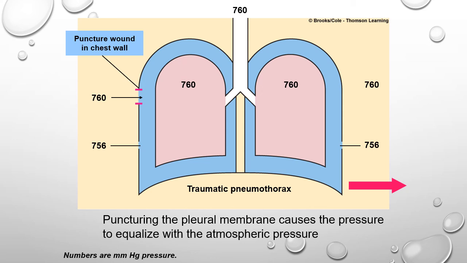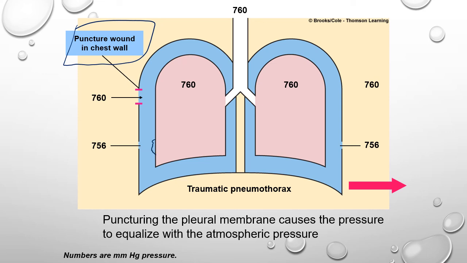If we should somehow cause the pressures to become equalized, typically this is going to come from some sort of puncture wound, and that puncture wound is typically going to be in the thoracic wall, but it could also come from something happening to the lung.